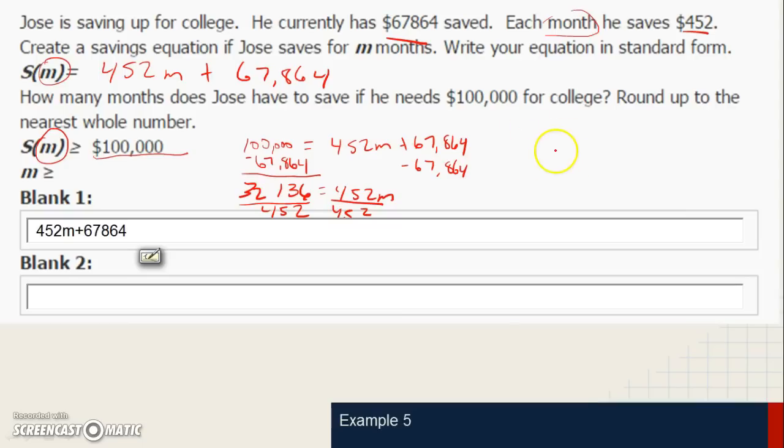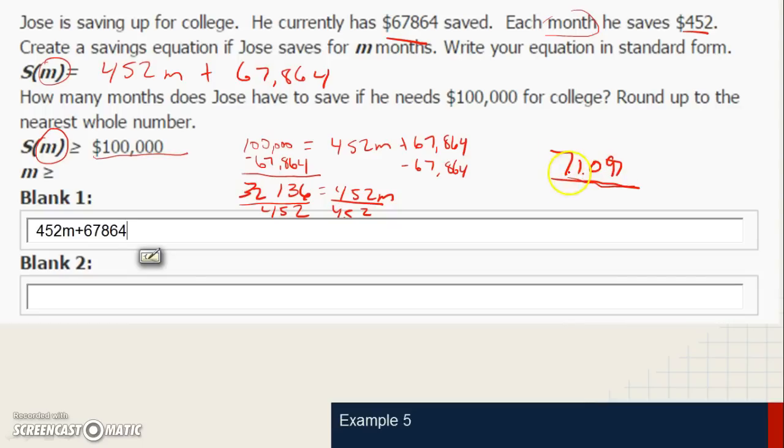So I want you to think about this for a second. 71.097. If I say for 71 months, do I have $100,000? No, because I still have to save for 0.097 of a month.